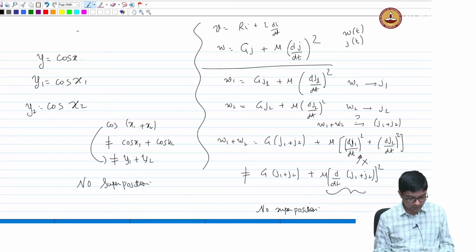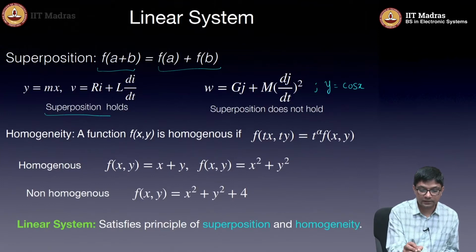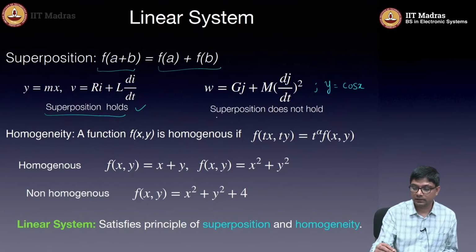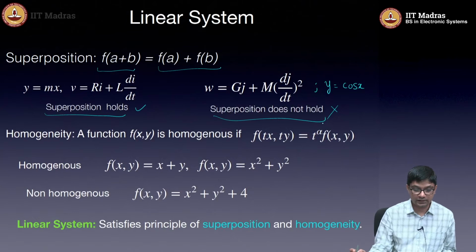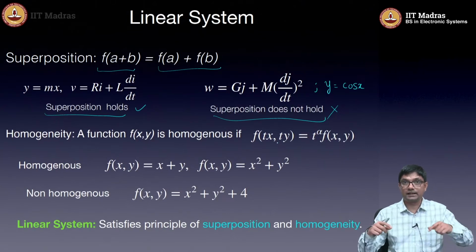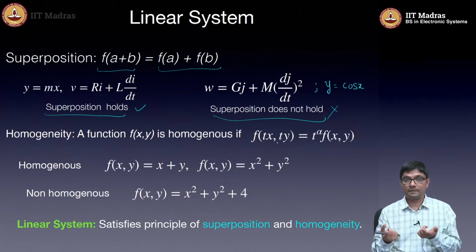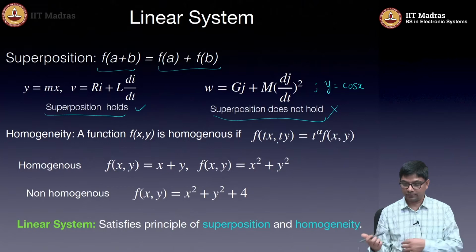Okay, so two examples here: there are some cases where superposition holds, and some cases where it does not. Mathematically, what is homogeneity? A function is homogeneous if, when I scale the input by a certain factor, the output also scales by a certain factor.